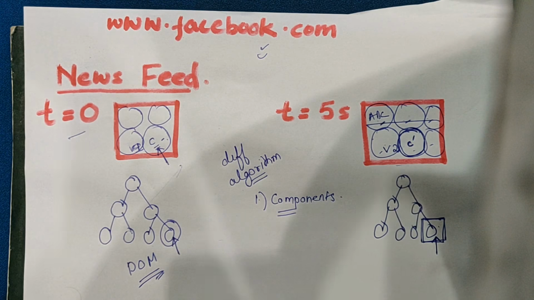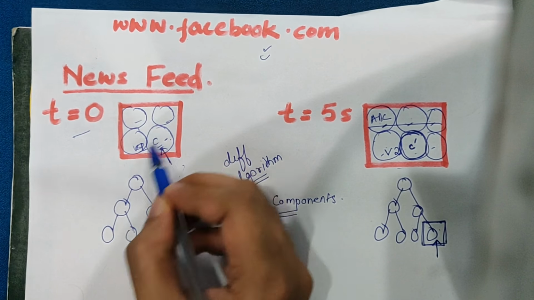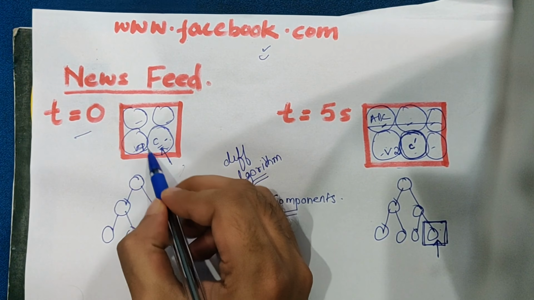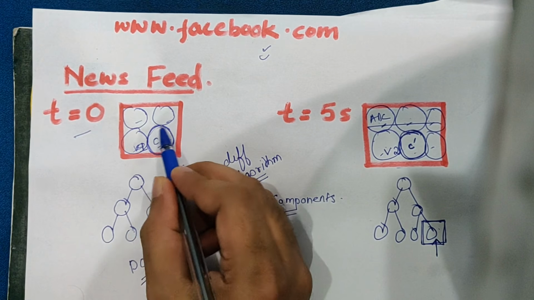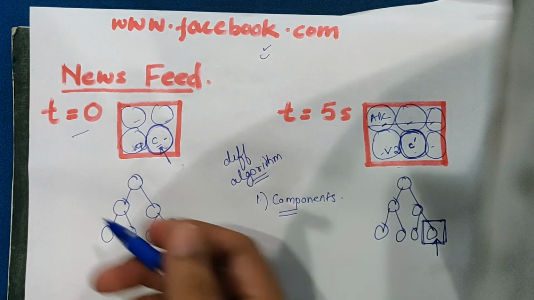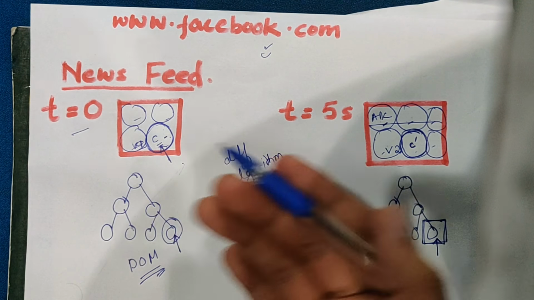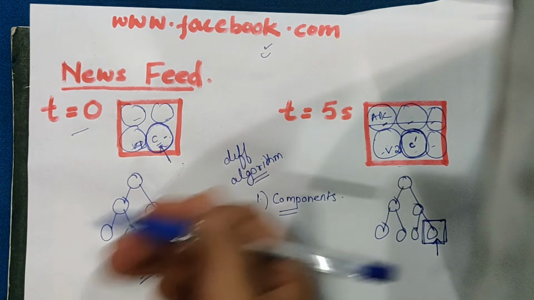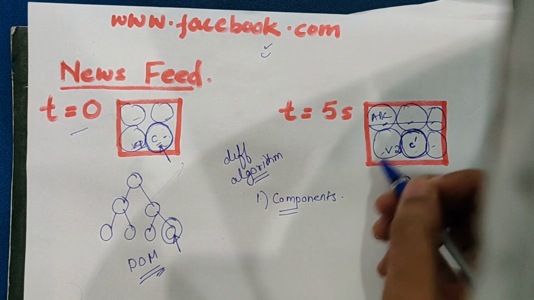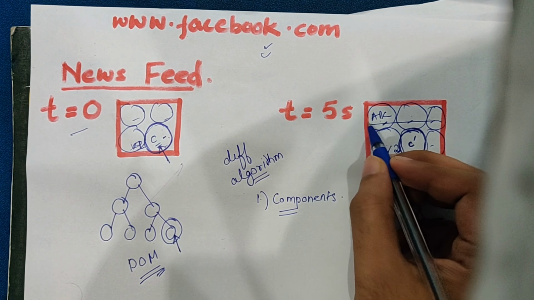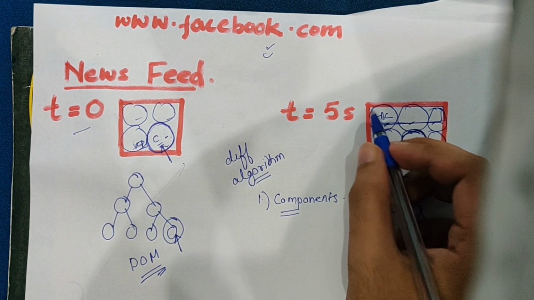Now at t equal to 0, all these are components of my home page, and this thing, let's say, is the component of my news feed. This is related to my news feed. Now after 5 seconds, when my friend shares a post, I see a new view. So at this point of time, a new post will occur in my news feed.